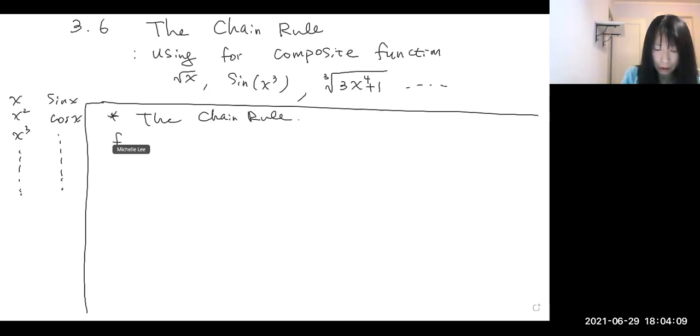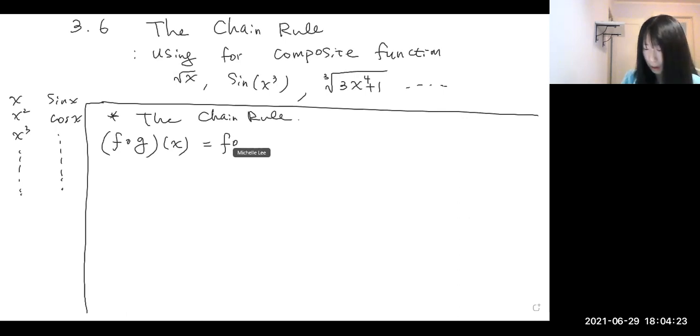F composed with g of x, we can denote this way, f of g of x, right?